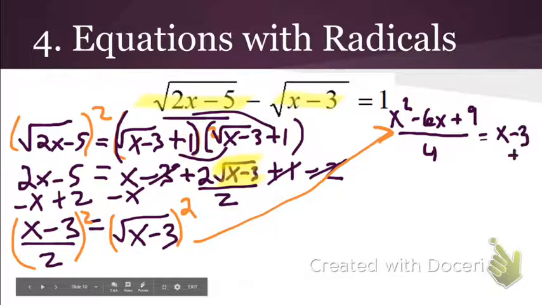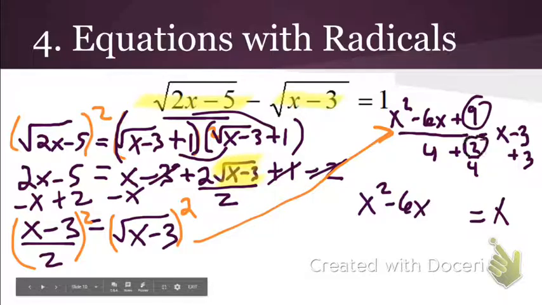And then we're going to add 3 to both sides, which is the same thing as adding 12 over 4 to both sides, because that's when you get a common denominator, and you get x is equal to x squared minus 6x, and then 9 plus 12 is 21, so you get plus 21 over 4.